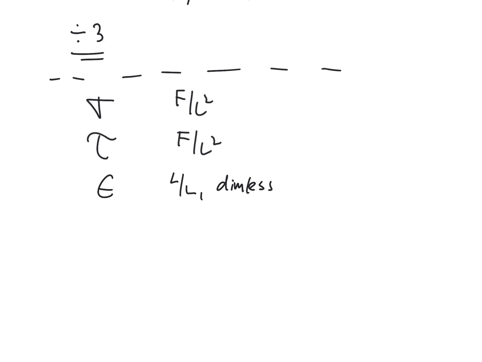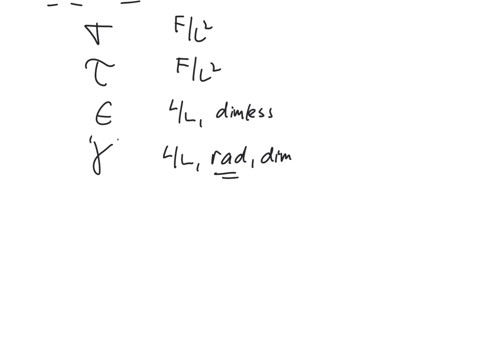The symbol for shear strain is gamma. What are the dimensions of shear strain? You can either say length per length, you can say radians, or you could say dimensionless. This one is a little bit better, as I've said before, earlier on in the class.